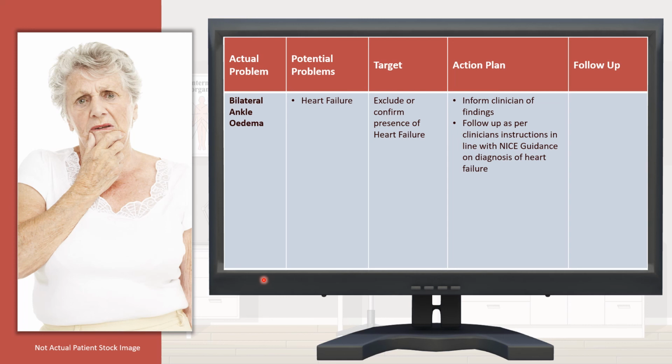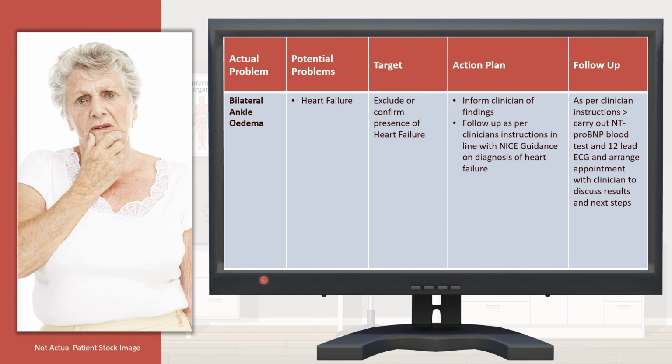We're going to inform the clinician of our findings, and then we're going to follow up as per clinician's instructions, which I suspect will be in line with NICE guidance on the diagnosis of heart failure. And that is almost certainly going to include sorting out a blood test for something that's called the NT-proBNP.